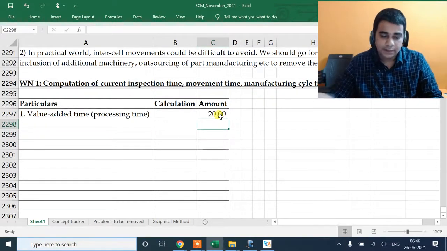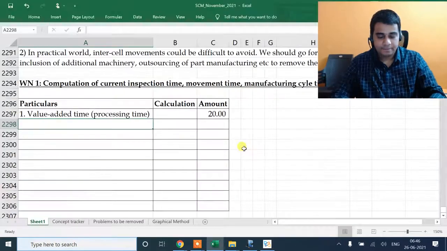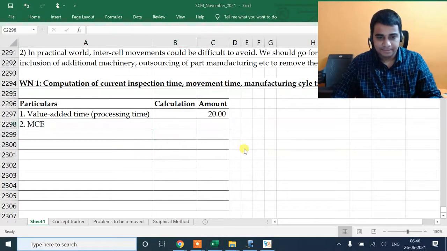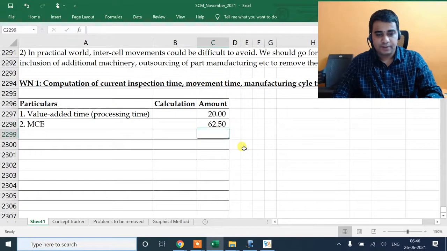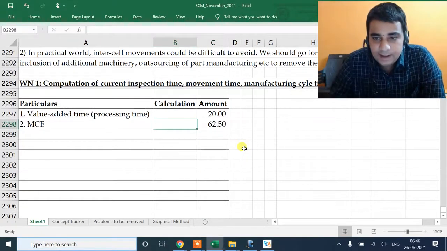Value added processing time is 20 days. Manufacturing cycle efficiency, MCE, is currently 62.5%.